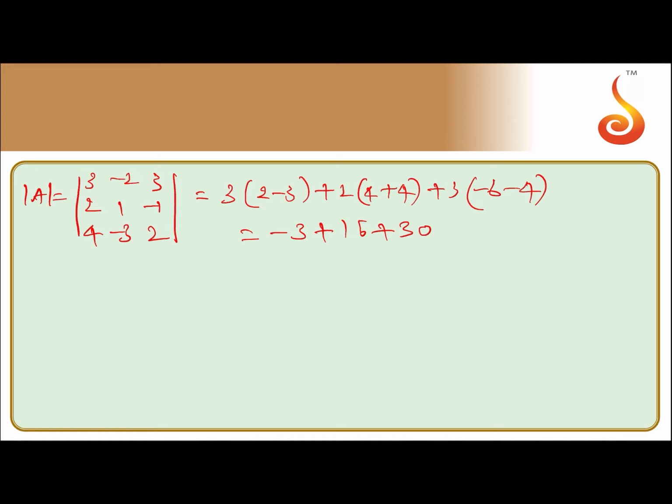So when you calculate, it is minus 30, because of the minus sign. 33 and 16, 13. When you simplify, this is 30 minus 3, 33 and 16. So I hope we'll be getting minus 17, and that is not equal to 0. It means determinant A is not equal to 0, which means A is invertible, A inverse exists.